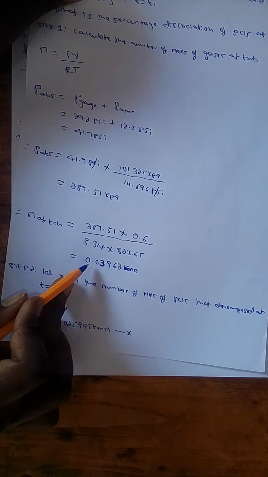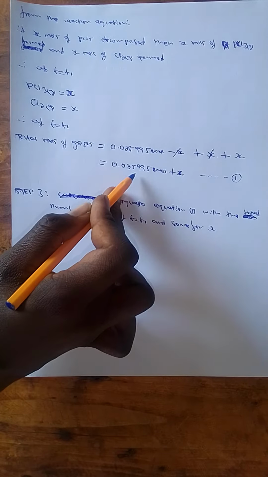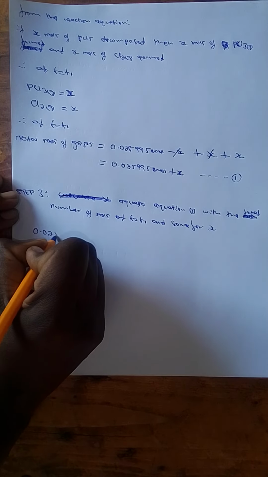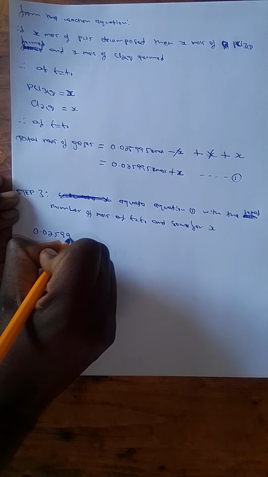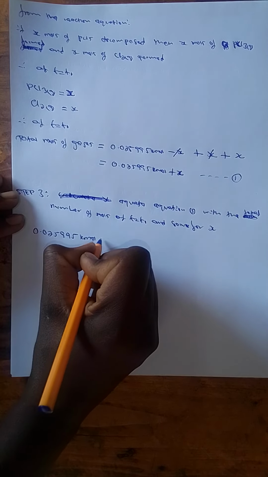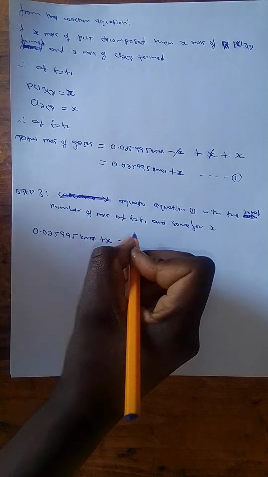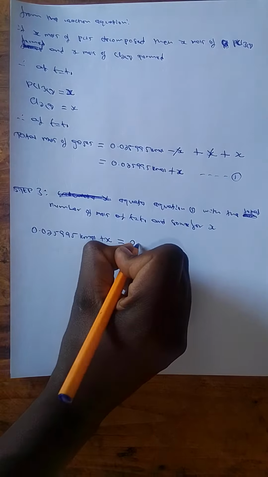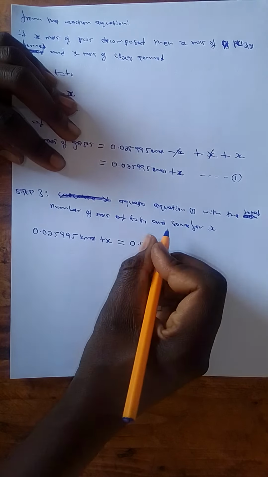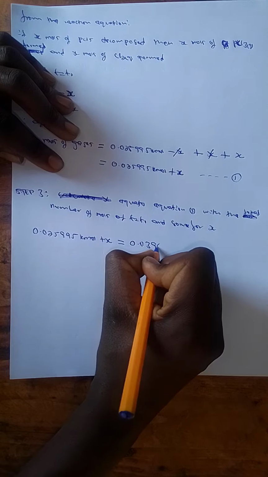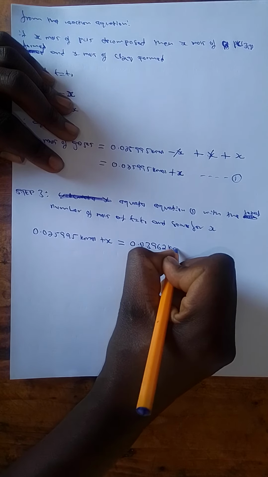Because we know the number of moles and we also know the number of moles in terms of X, we can just say 0.025995 kilomole plus X is equal to this number here, which is 0.03962 kilomole.